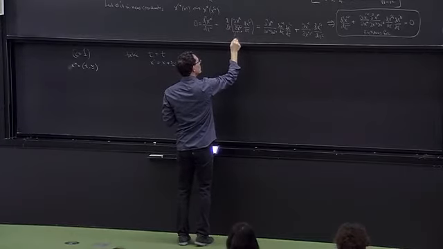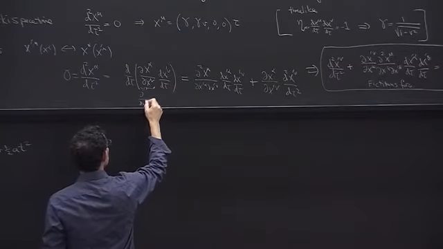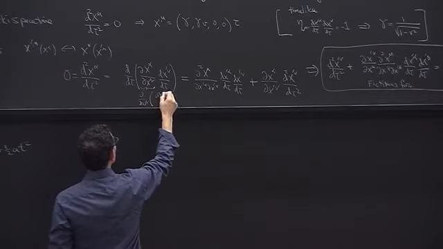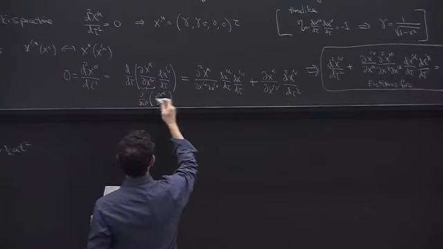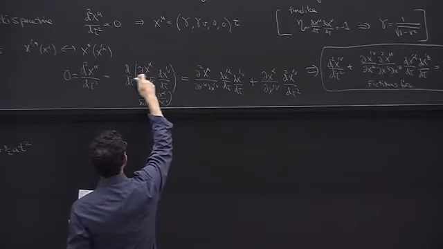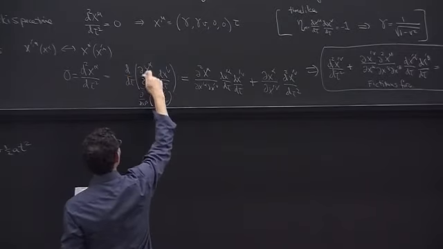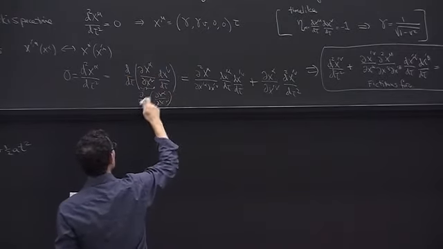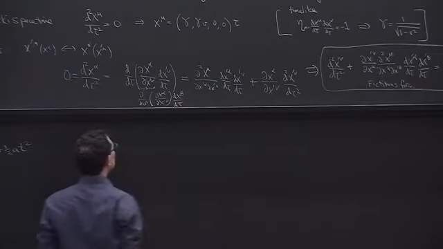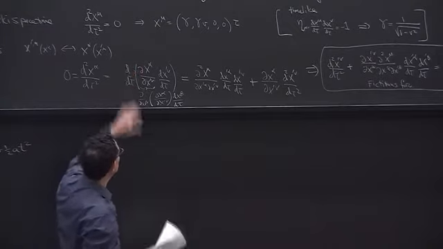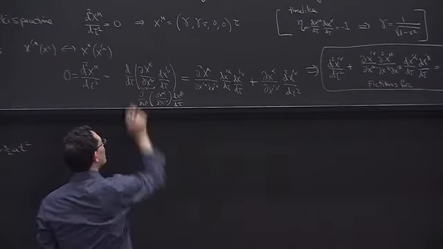This I write as d by dx beta of x alpha dx prime nu, times dx beta d tau. I take its beta derivative and multiply with dx beta d tau. That's the d by d tau of this guy.